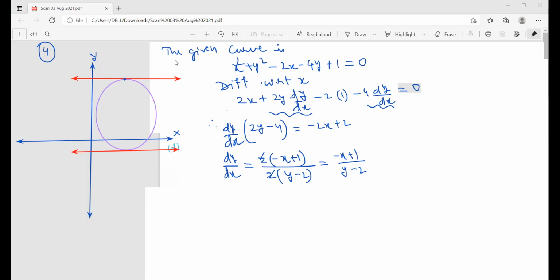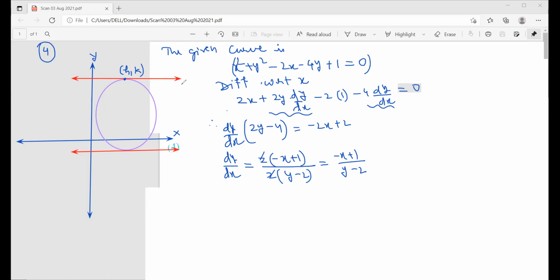I take these coordinates as h comma k. Let the point be, see, if you want to get the equation of the tangent to this curve, definitely there would be some point where the tangent is drawn. I assume that point as h comma k. Now, why is that necessary? It is necessary because you want to get the equation of the tangent.